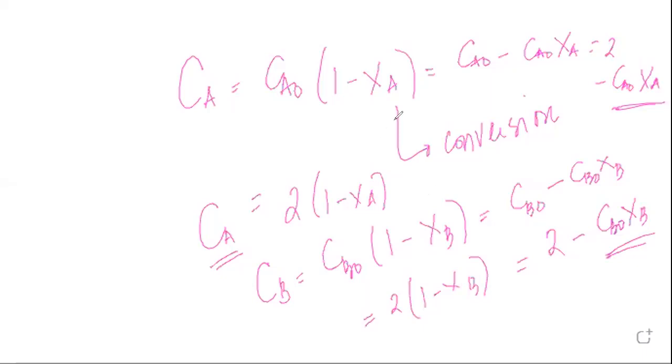By the way, class, XA and XB are expressed in decimals. If XA is 0.7, A is 70% converted. If XB is 0.2, B is 20% converted at that particular time given in the problem. So now you have a representation of CA and CB at any particular time t.